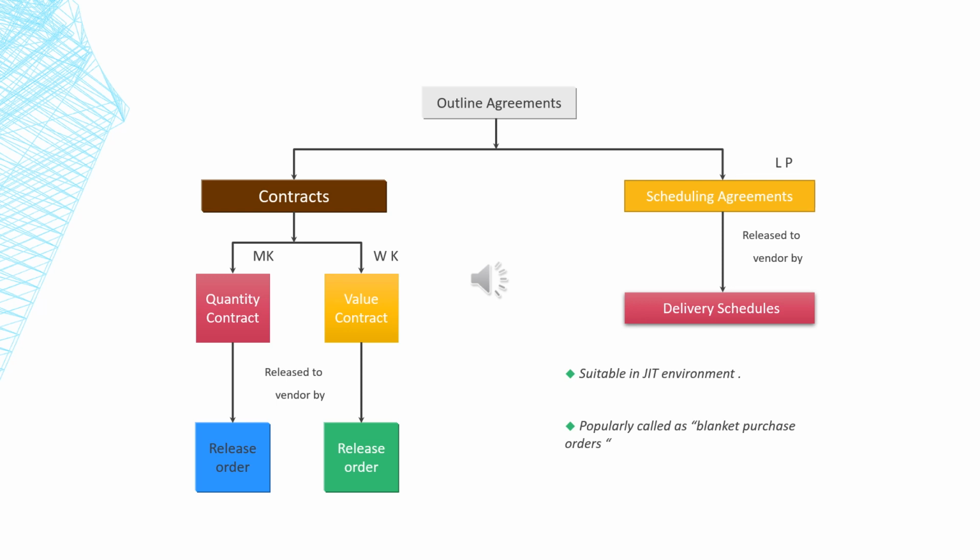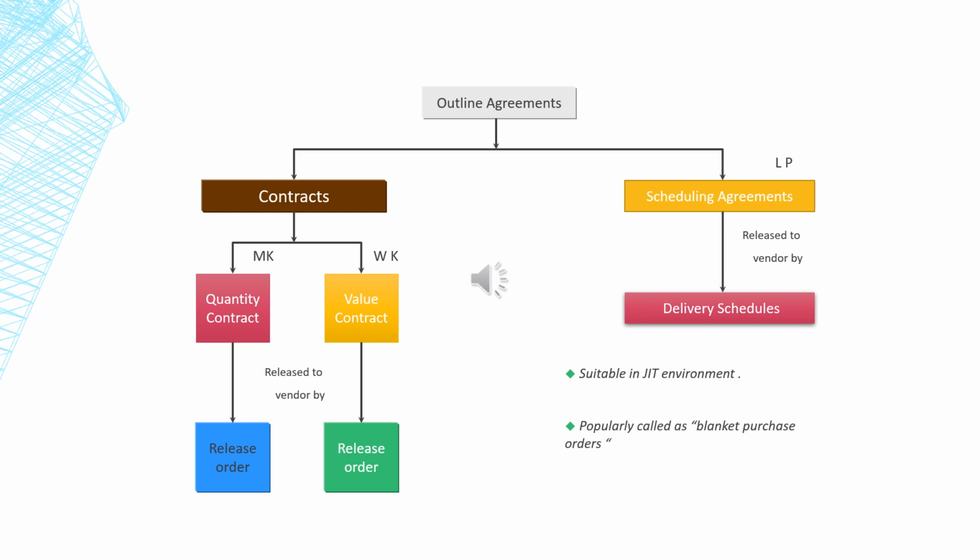Another type of purchasing document we use is the outline agreement. Now an outline agreement can be of two kinds. One is contract, one is scheduling agreement. In standard practice we use the scheduling agreement, which is released to the vendor and has separate delivery schedules. The other type is contract.